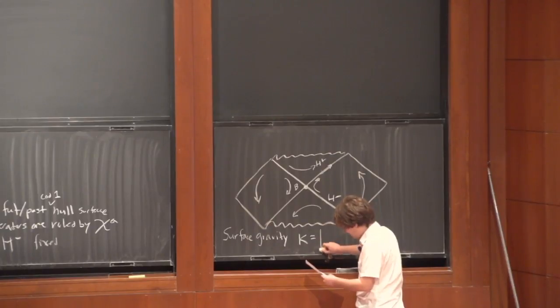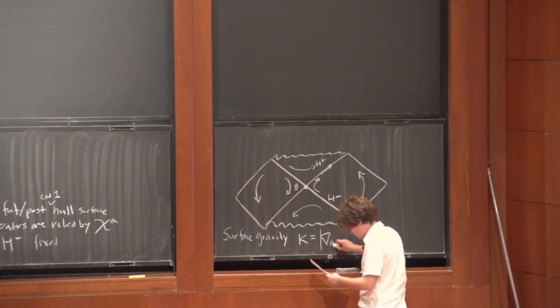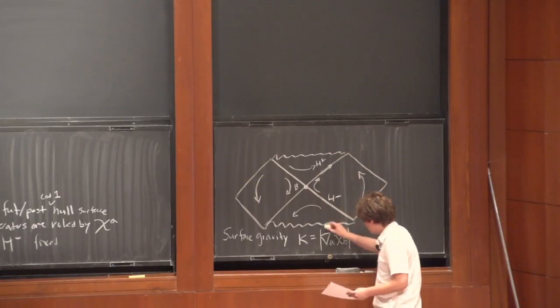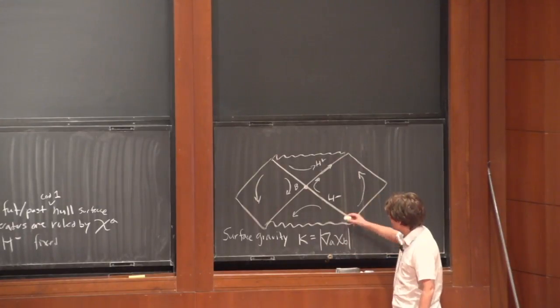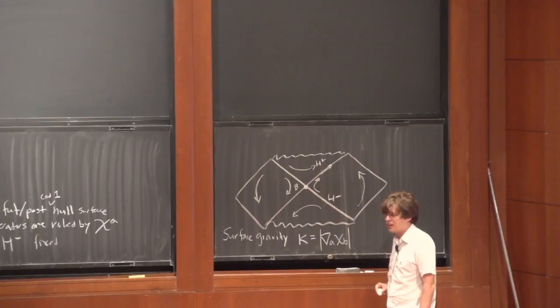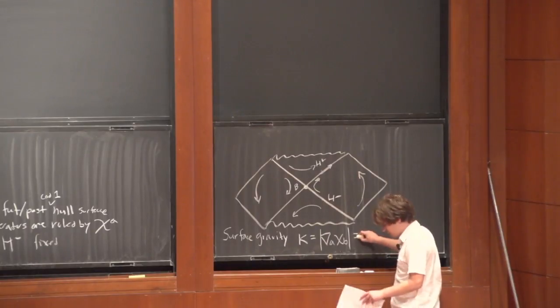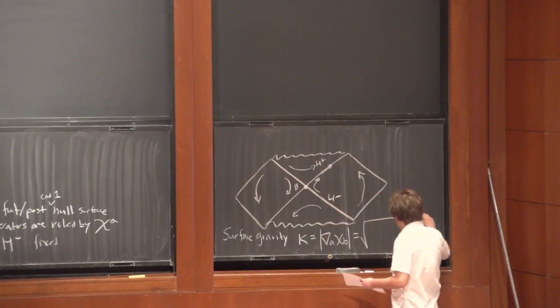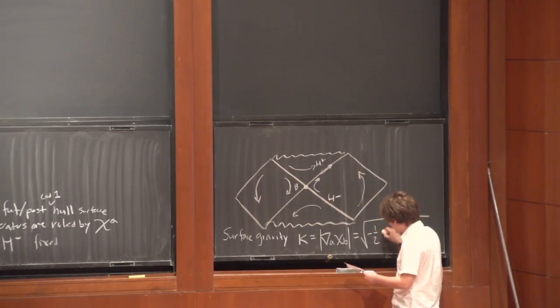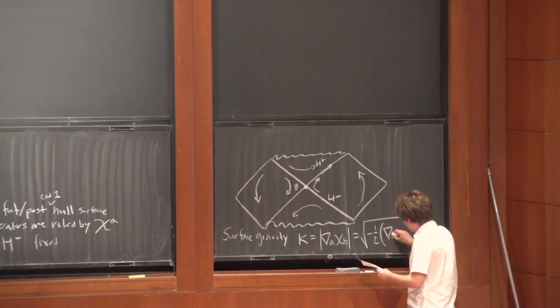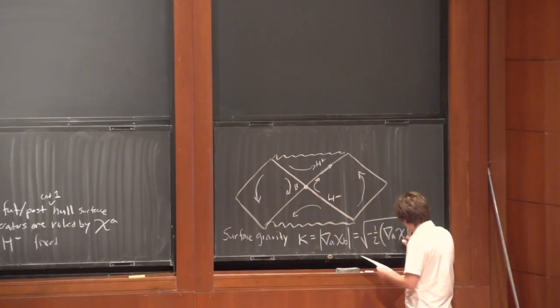So if I can write this like this, where what I mean by that is the absolute value of the derivative of the Killing vector, by which I mean, if you really want me to be precise, I mean this.